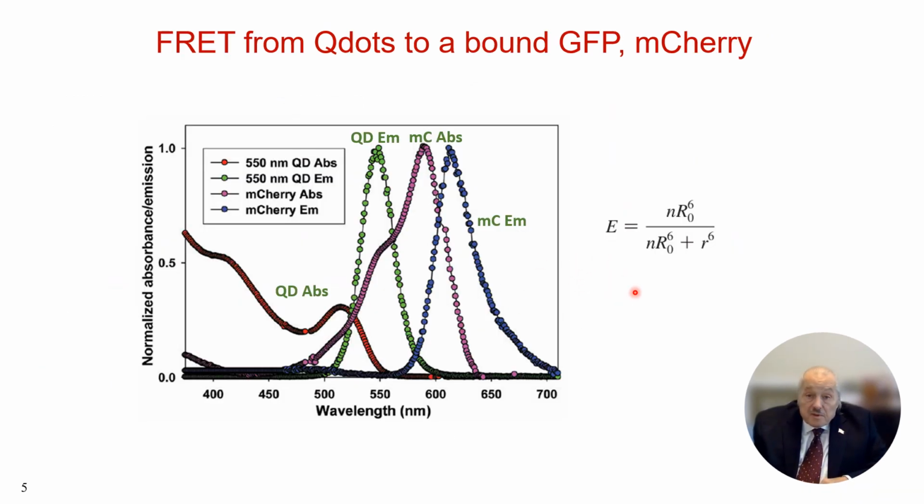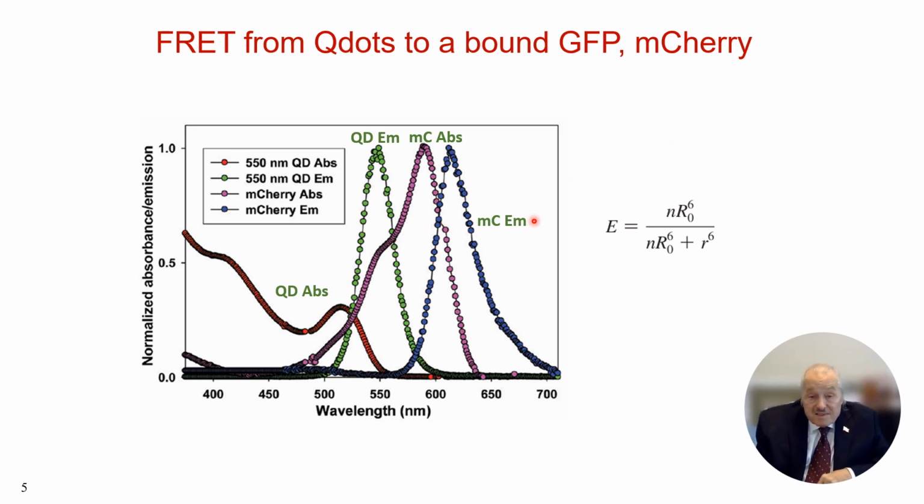An example we'll use to go over today is FRET from quantum dots, 550 nanometer quantum dots bound to mCherry, which is going to cover the quantum dots with multiple mCherries.